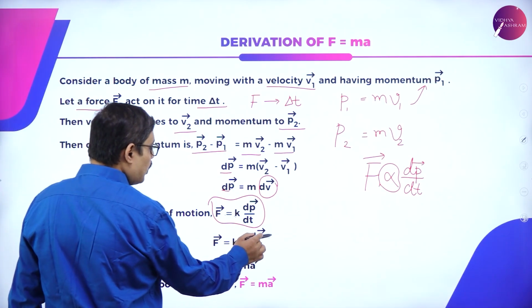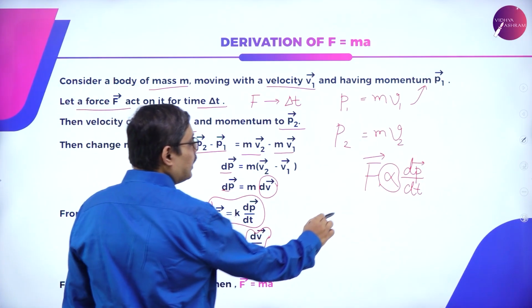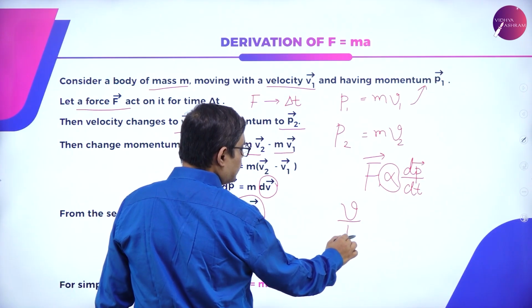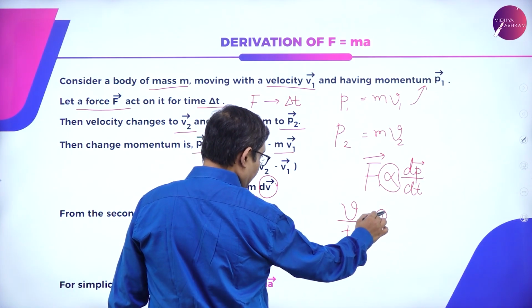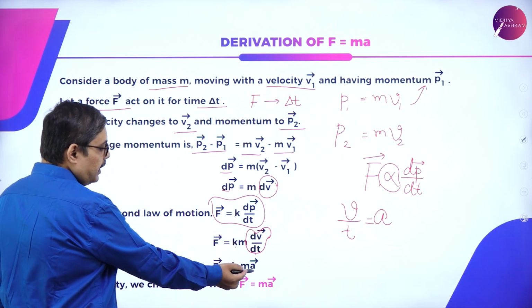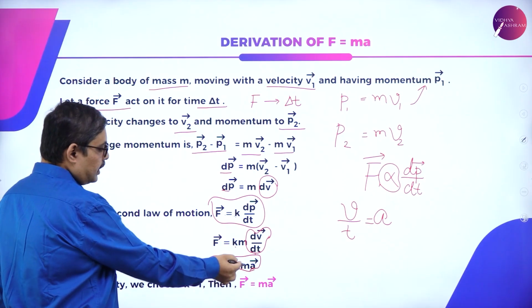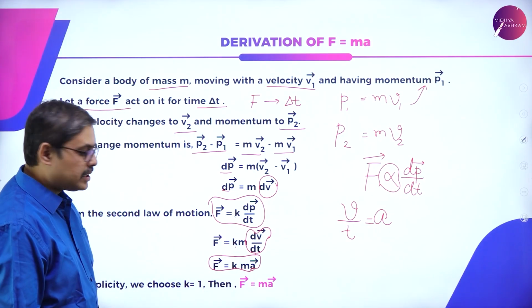Please remember, what is the rate of change of velocity with respect to time? Rate of change of velocity with respect to time gives me acceleration. Okay. So instead of this dv by dt, I will use a. Force is equal to constant into mass into acceleration.